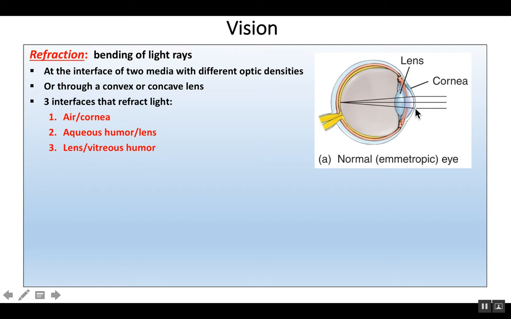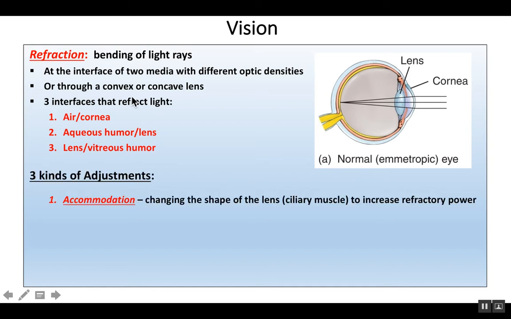So light actually bends at three places. Right here at the cornea, right here at the lens, and as it exits the lens. Some causes of blurry vision are a thin or thick lens or a misshapen cornea.